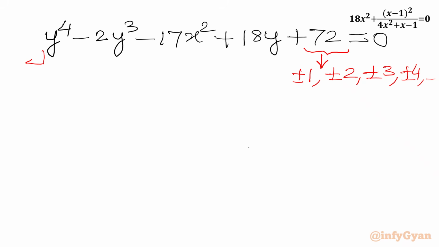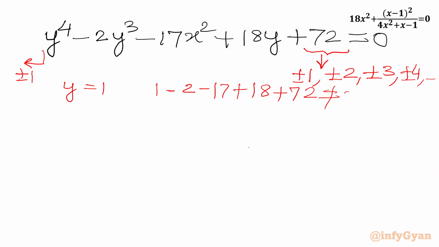The leading coefficient is 1, so I can only write ±1. Now we will take the ratio of constant to leading coefficient. In that series, if I plug in y equal to 1, will it satisfy our equation? 1 − 2 − 17 + 18 + 72. No, it won't.